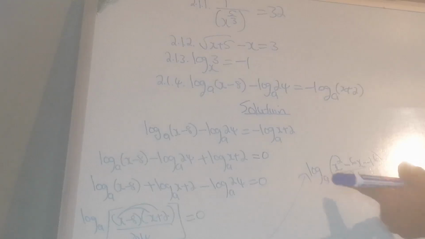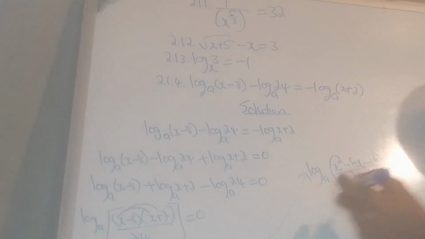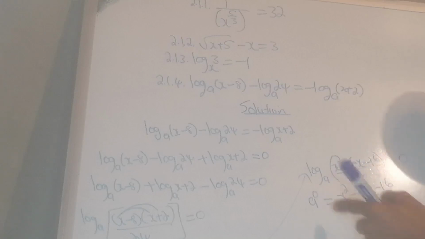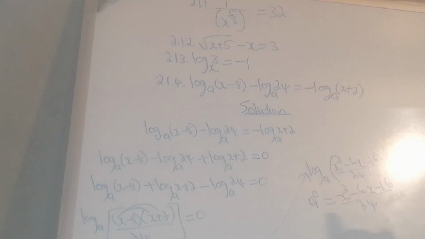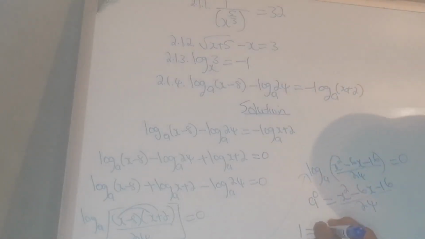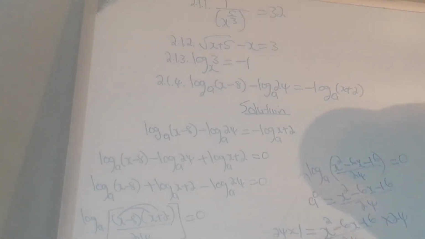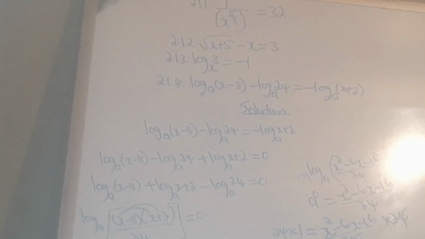I can change from logarithmic to exponential: a to the power 0 equals x squared minus 6x minus 16 over 24. Anything to the exponent 0 is 1. I want to get rid of 24, so I multiply both sides by 24. This is exactly what I will have: x squared minus 6x minus 16 equals 24.